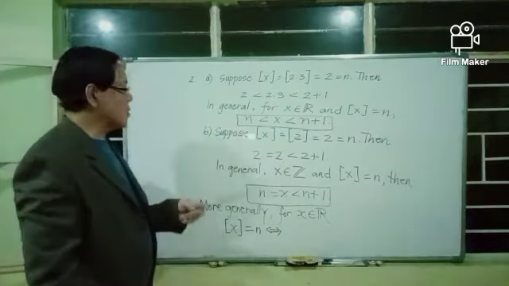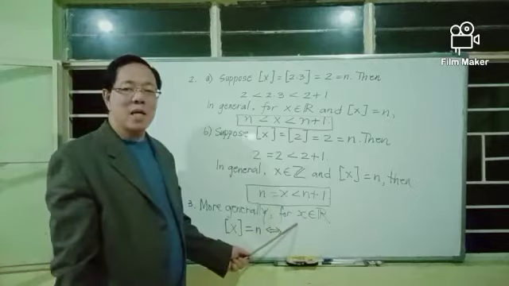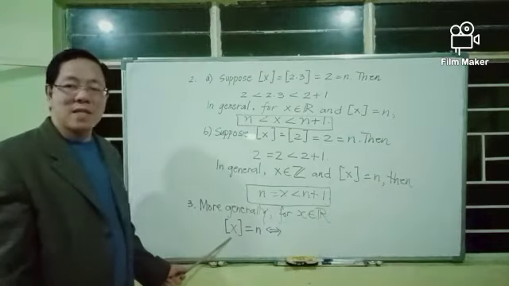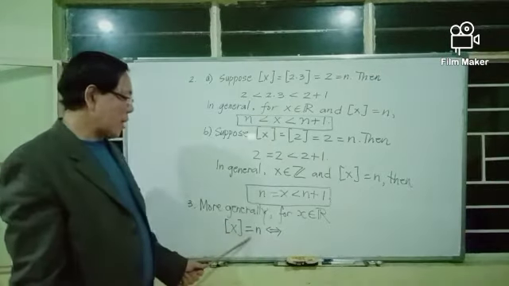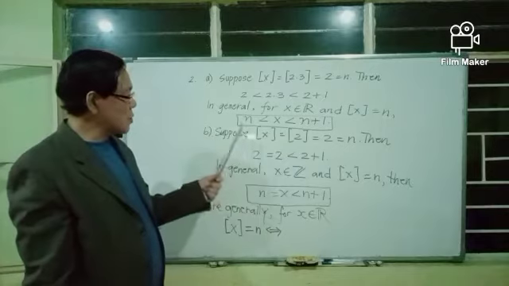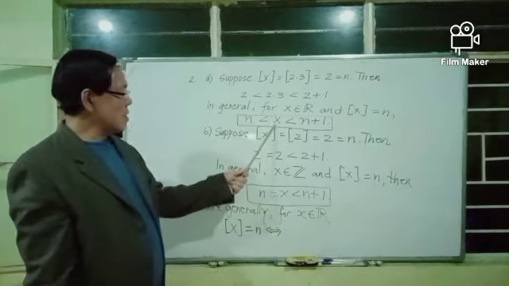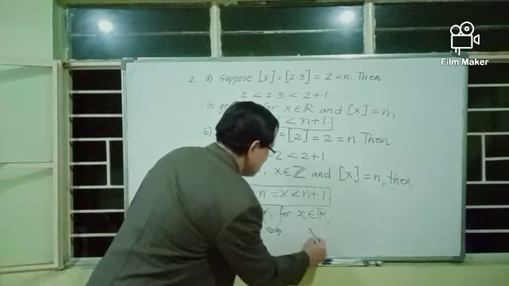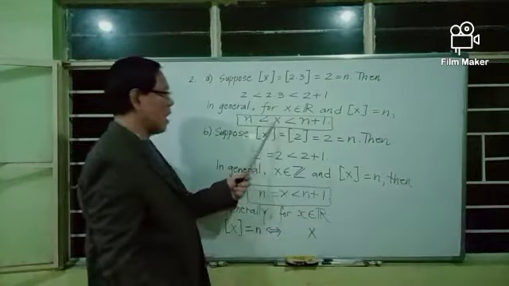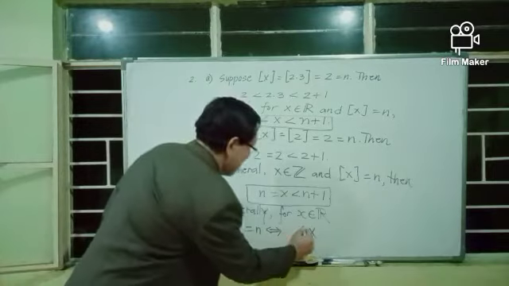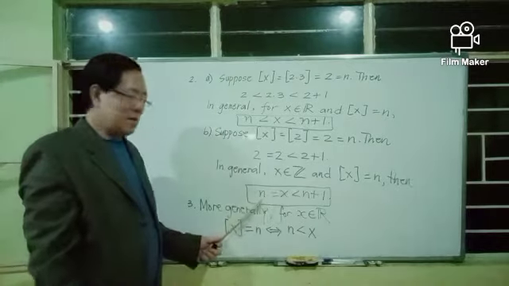We now combine these two results and we write more generally for any real number x. We say that the greatest integer function of x, for x any real number, is equal to n if and only if we have these two conditions. So we write: if and only if x is greater than n, or x equals n.